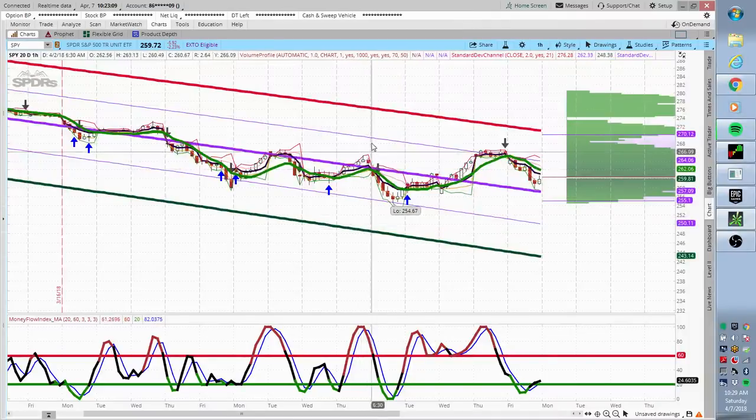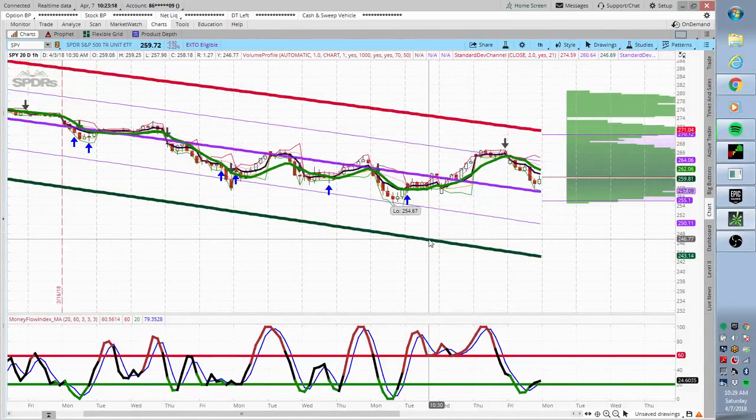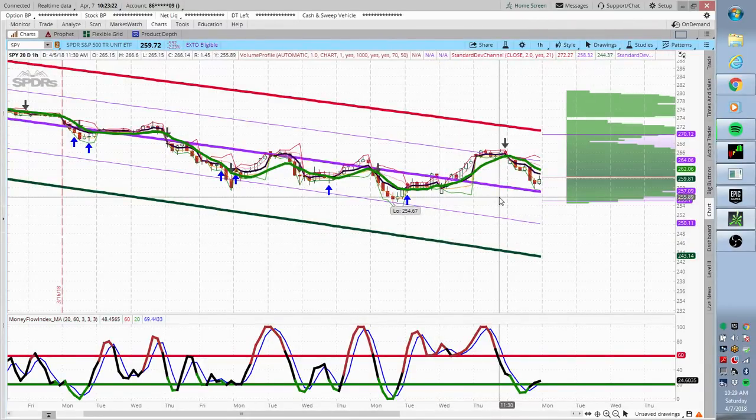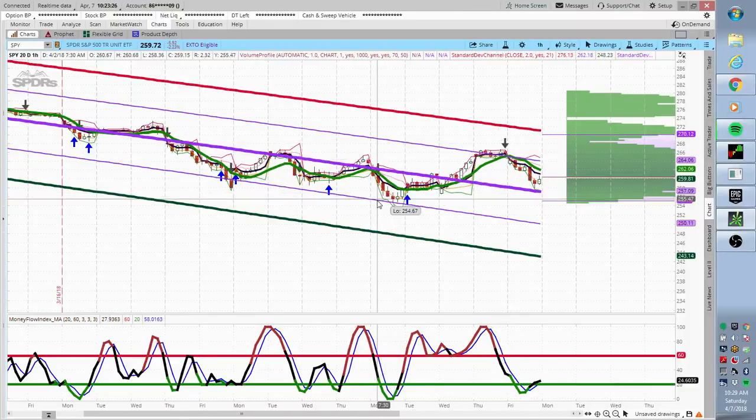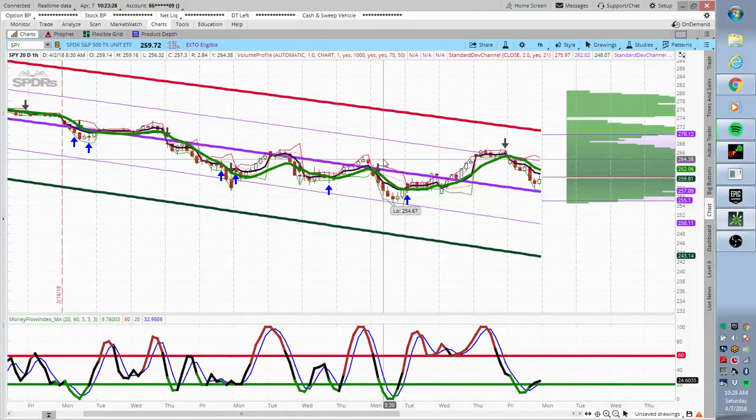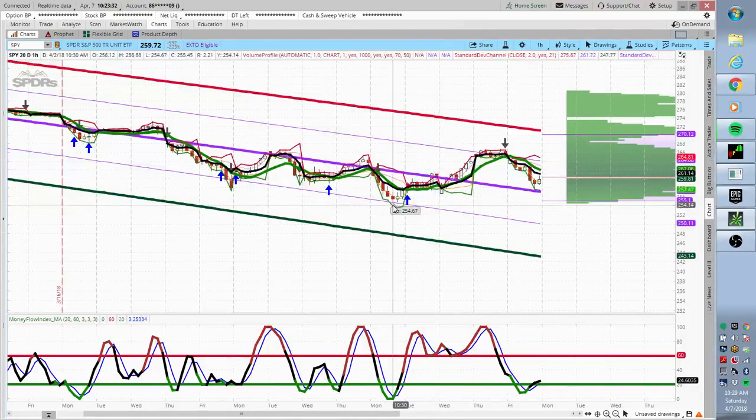So if you have a move, and I'll show you the 5-day 15-minute here in a second, that will press against one of these lines, there's a 90% chance you're going to get a reversal back in. Great place to fade the trend. And there's an 80% chance that this move will come back in towards the center as well. And you can just see it over time.